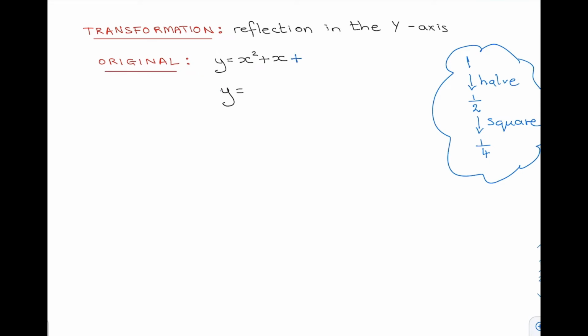Add that result to the end of the equation and subtract to keep the equation balanced. Now the first 3 terms will form a perfect square. X squared plus x plus 1/4 is the same as x plus 1/2 squared.